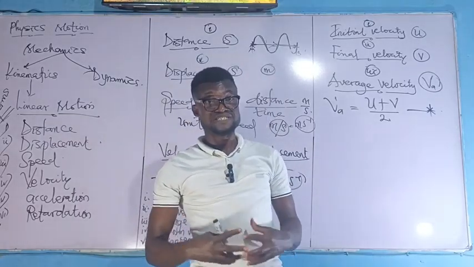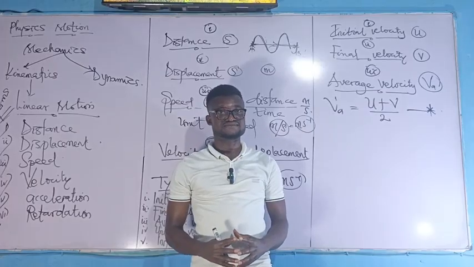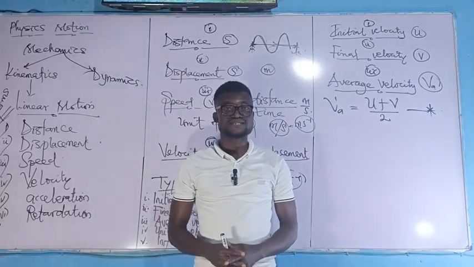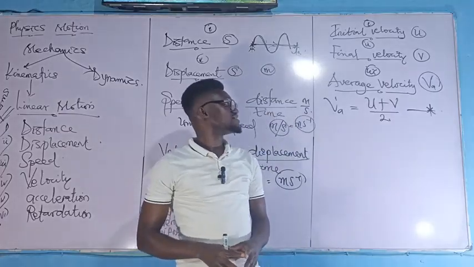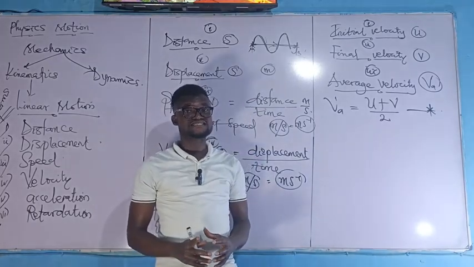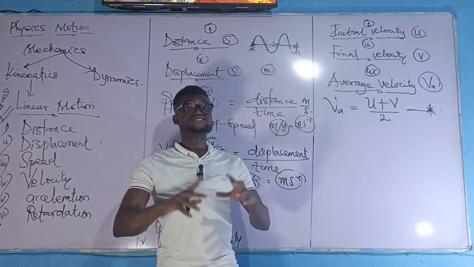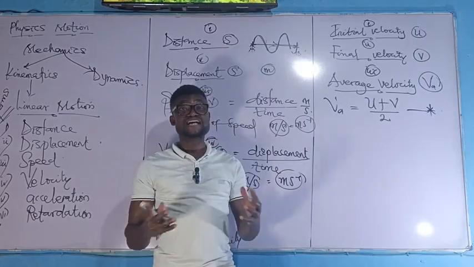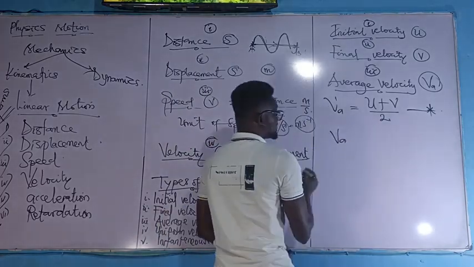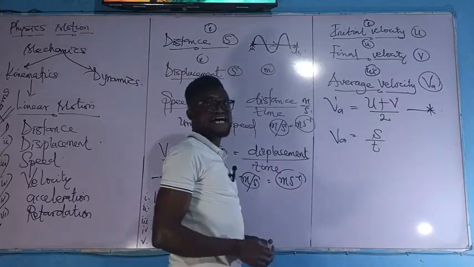Average velocity can as well be defined as the total distance covered per unit time. So in that case, we have average velocity as the total distance over the total time.